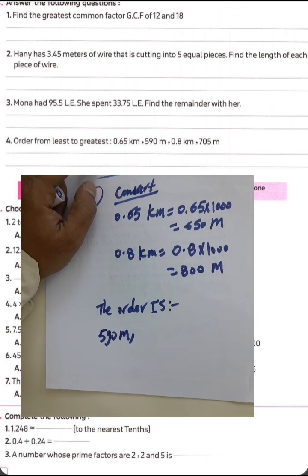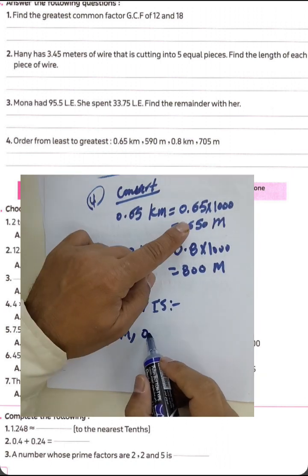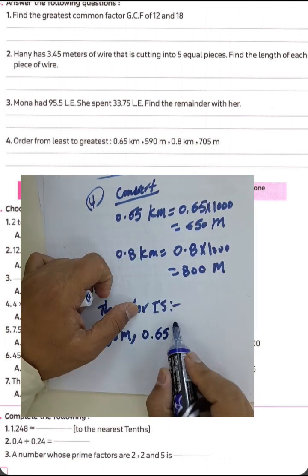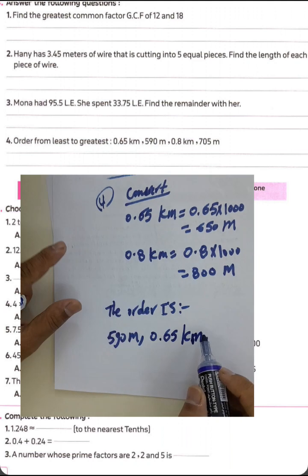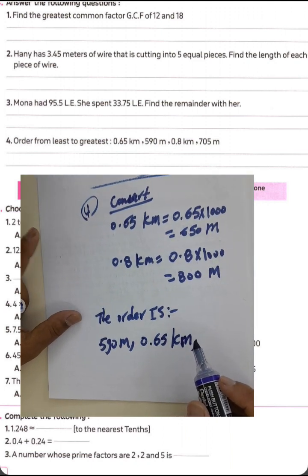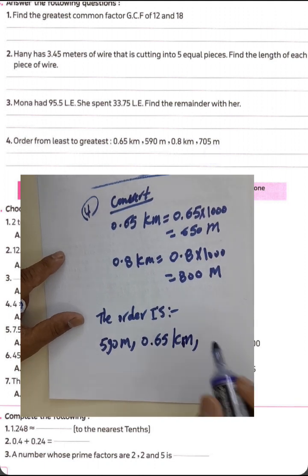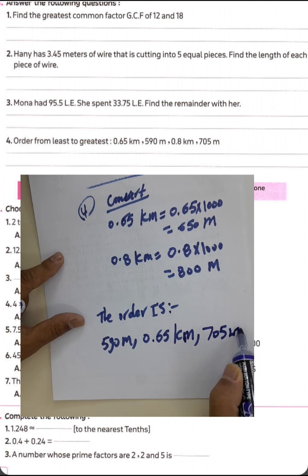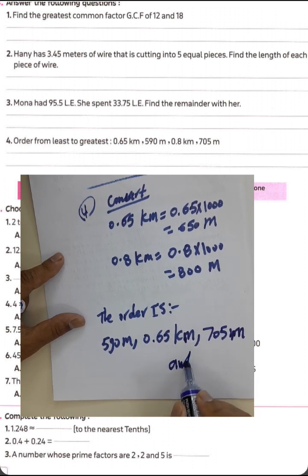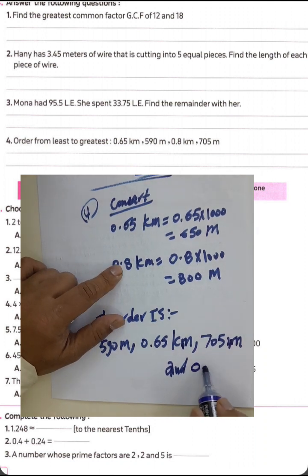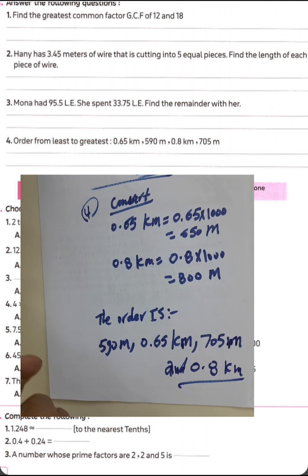We have again 0.615. Okay, 0.615, this number. And next one, look with me, I will write 705 meters, and the last one will be 0.8 kilometer. Okay, understood?